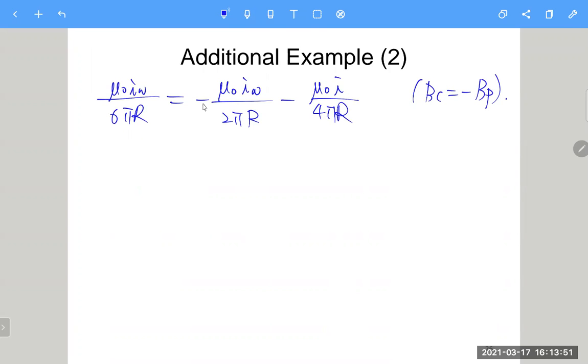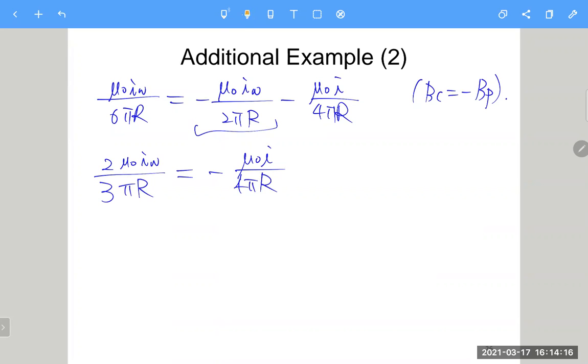Now we can just move this term to the left side. So we will have 1/2 plus 1/6, so it is 2/3 mu0 IW over pi r equals minus mu0 I over 4 pi r.